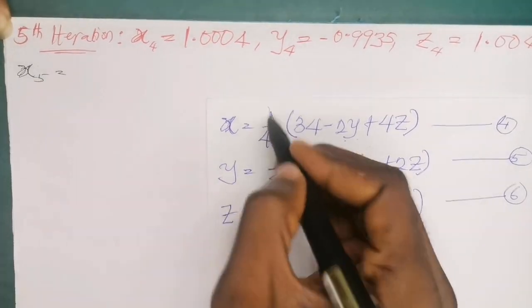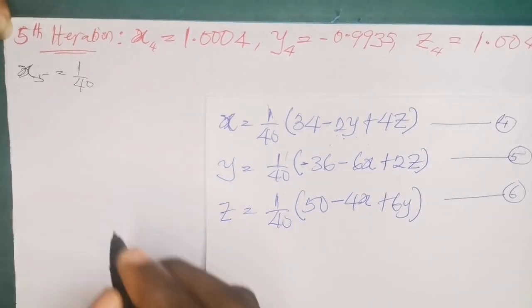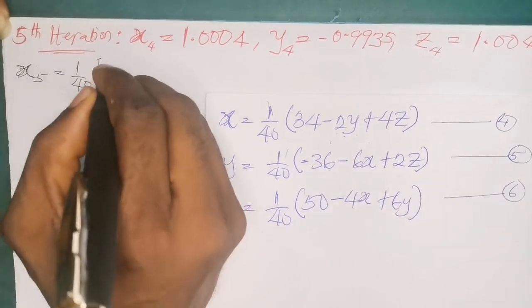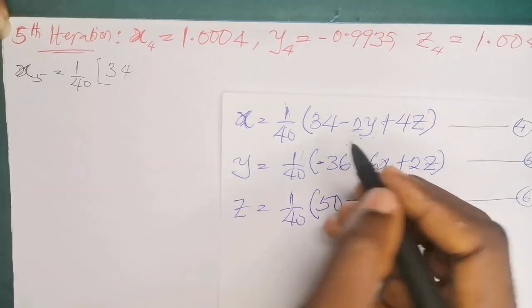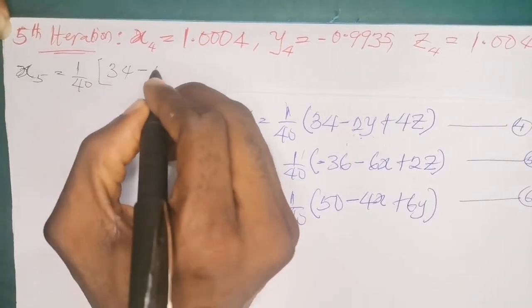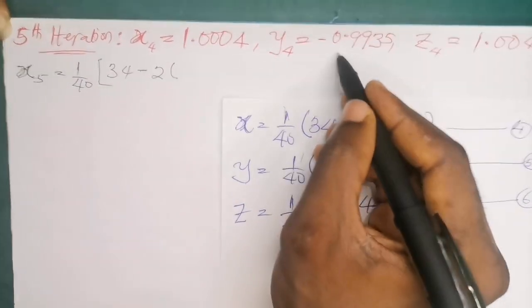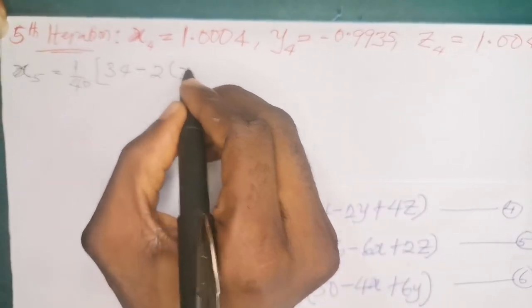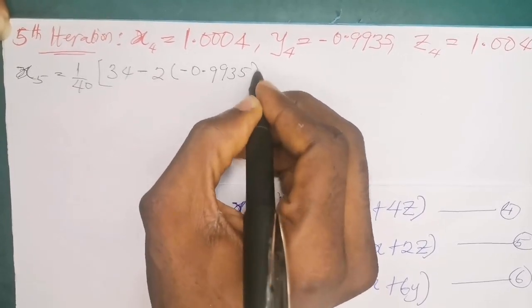x5 is going to be equal to, from the equation, 1 over 40, multiplying now by 34 minus 2y. So minus 2 times y, which now becomes y4, and y4 is negative 0.9935. So times negative 0.9935.